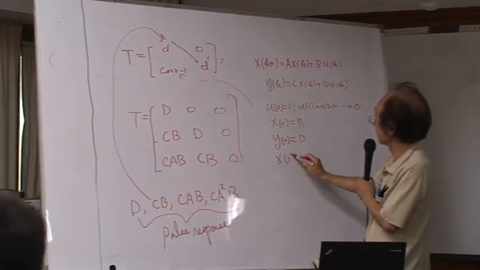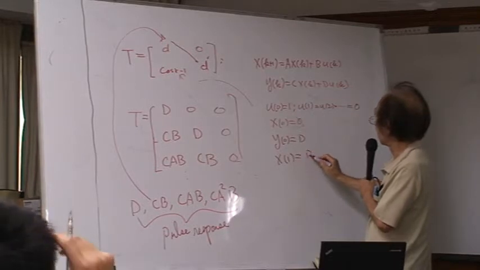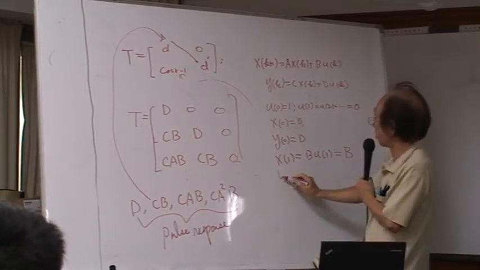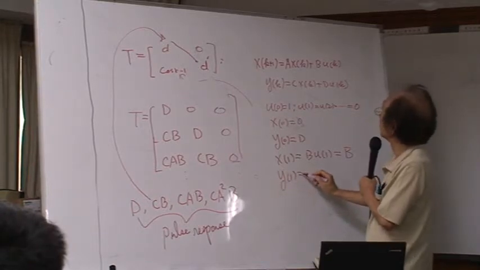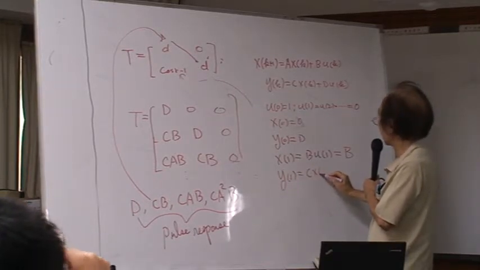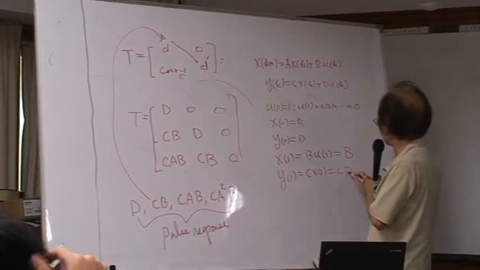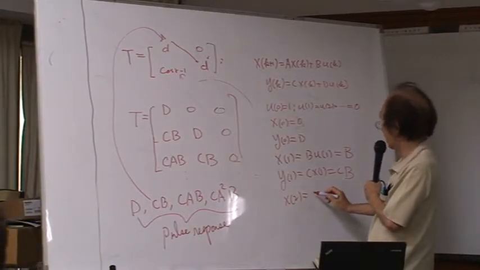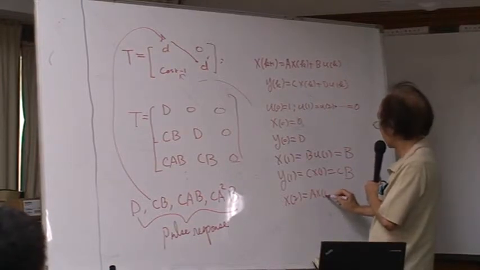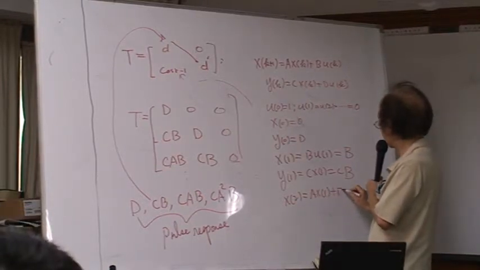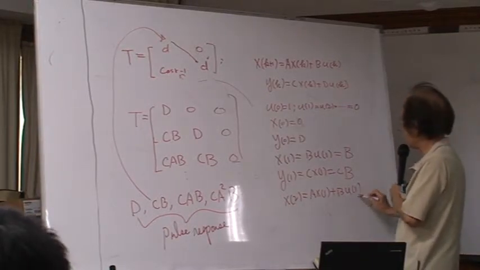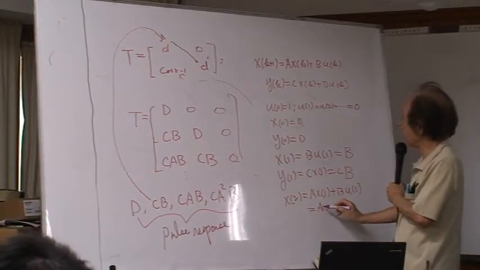Now x1 then equal to B U0 that equal to B. Now y1 equal to CX1 equal to CB. Now x2 equal to A x1 plus B U1, then that's equal to AB.